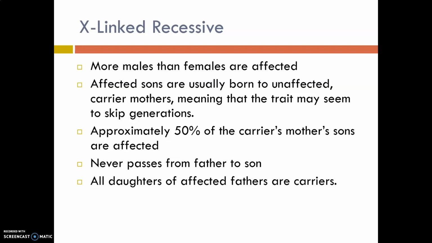All daughters of affected fathers are going to be carriers of an X-linked recessive disorder. Some examples that follow this pattern are colorblindness and hemophilia. We talked about those earlier in this chapter as well. Those are two that are linked to the X chromosome, and they are recessive traits, so you need to have two bad copies in order to develop that trait.